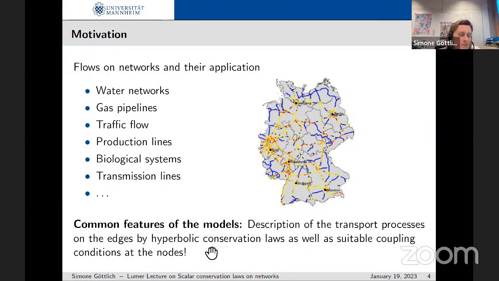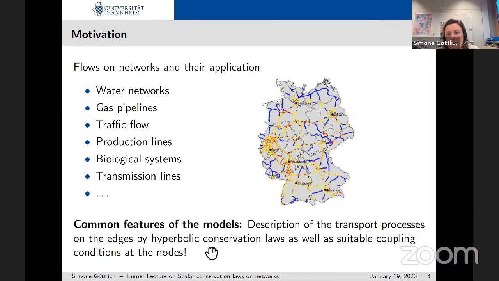Of course, there might be other ways of modeling. For example, you can go down to ordinary differential equations and do the modeling on that level, or think of other approaches like particle methods and so on. But anyway, the description here follows some hyperbolic conservation law.